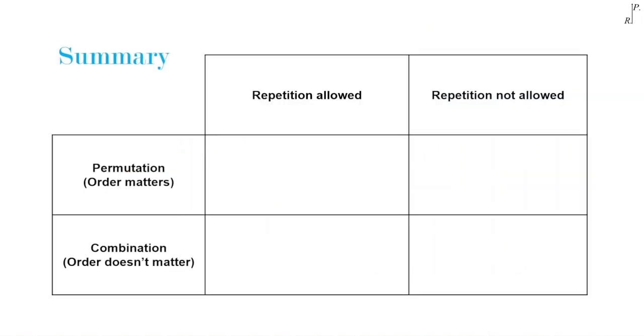Let's summarize our discussion now. What we discussed so far is that in permutations the order matters, and when repetitions are allowed, the number of permutations will be n to the power r, and when repetitions are not allowed, the number of permutations will be n factorial upon (n minus r) factorial.